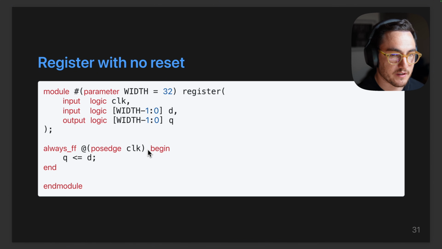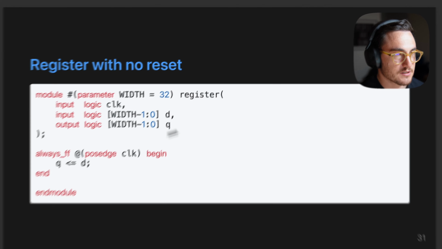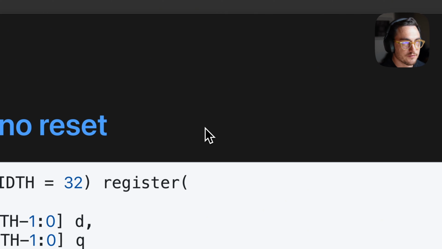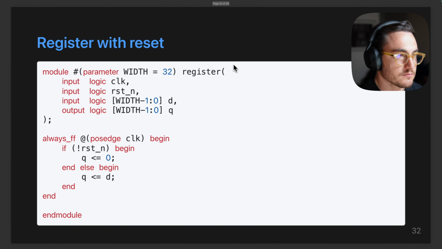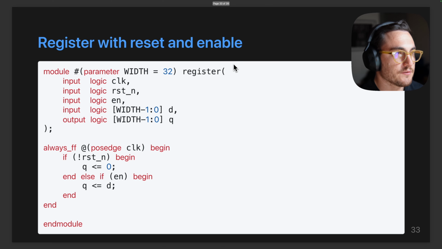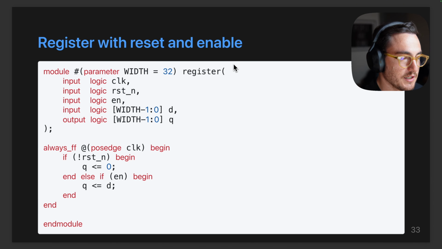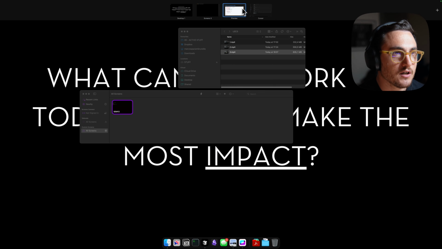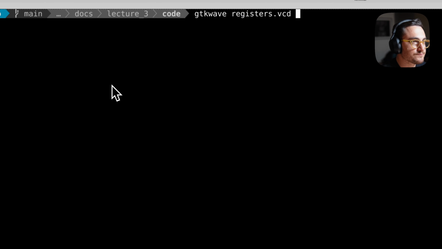Pretty much the same thing as a D flip-flop, but now instead of being a single bit, we have 32 bits. And whatever we saw with the D flip-flop can be extended to the register. So we have registers with reset and registers with reset and enable. We can see them briefly in the code base.